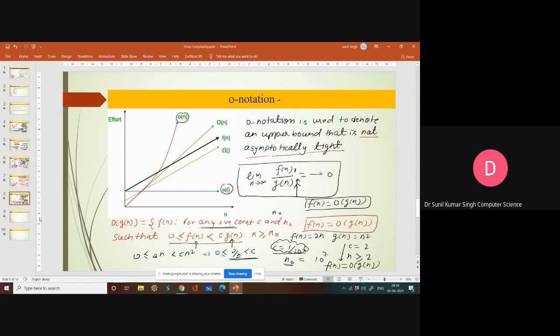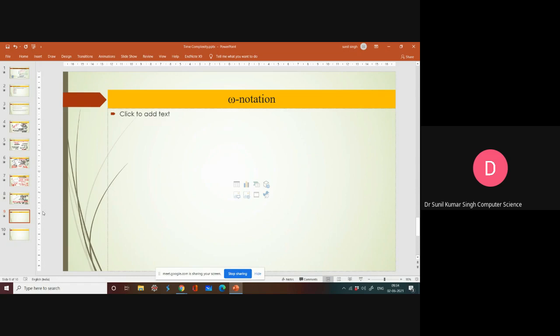Now look at the last case, omega notation. If we have two functions f(n) and g(n), we can express f(n) is equal to omega of g(n).